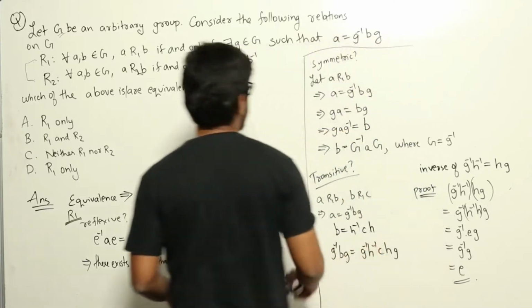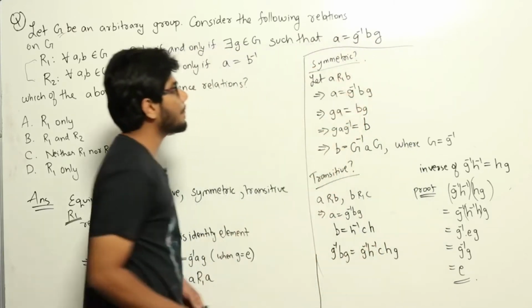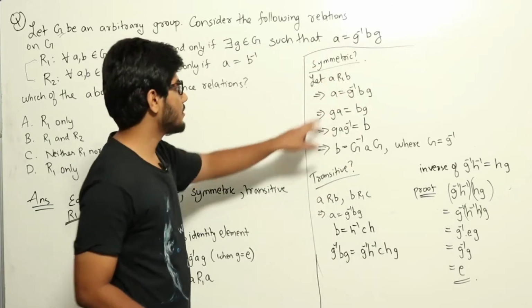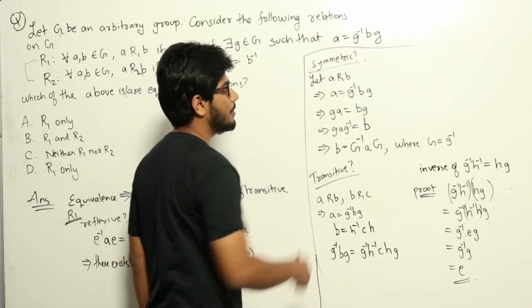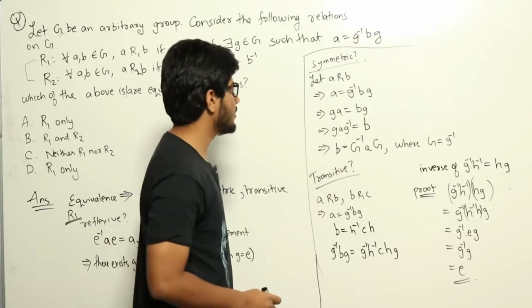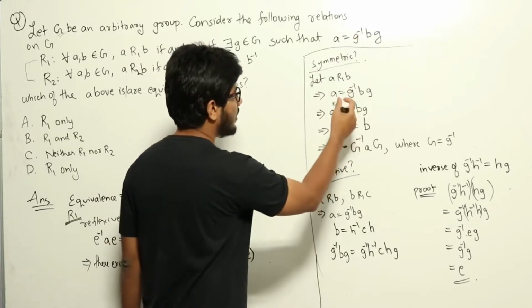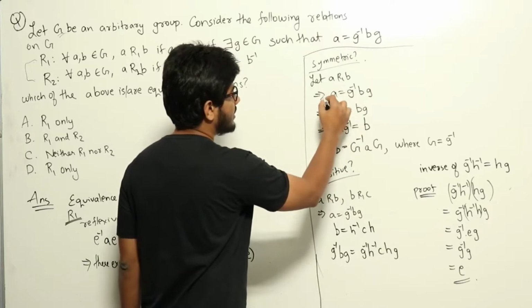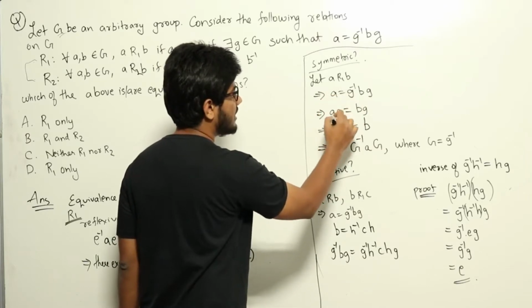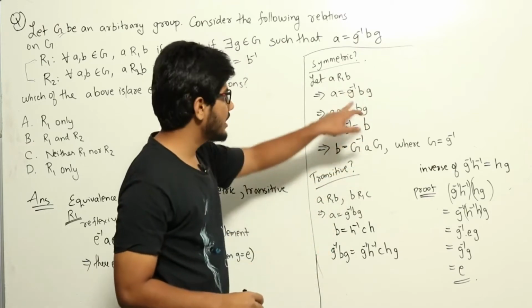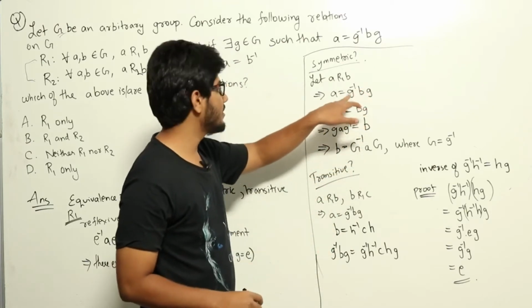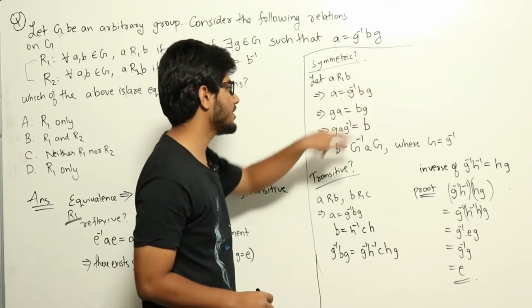Now coming to the second part, symmetric. Let A be related to B through relation R1, which will imply A equals g inverse into B into g, that is given from the definition of the relation R1. Now multiplying g on the left side, g into A will be equal to g into g inverse into B into g. g into g inverse will be the identity element, that into B g will be B g only.